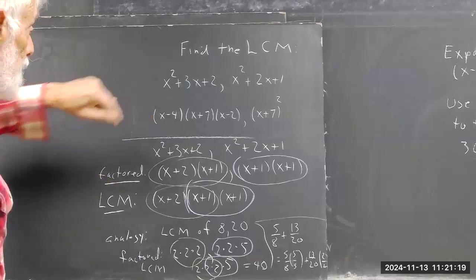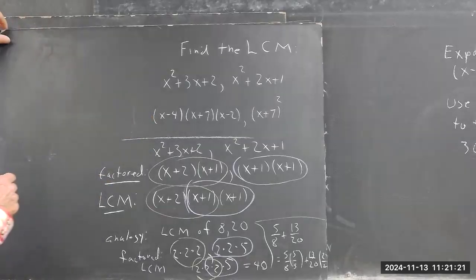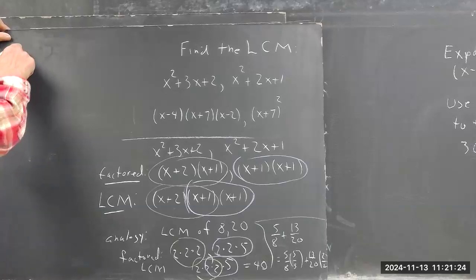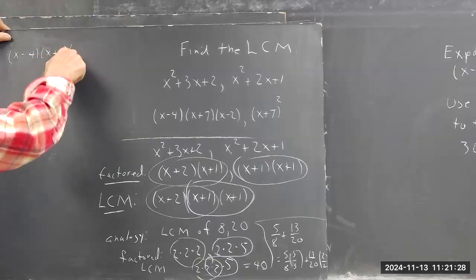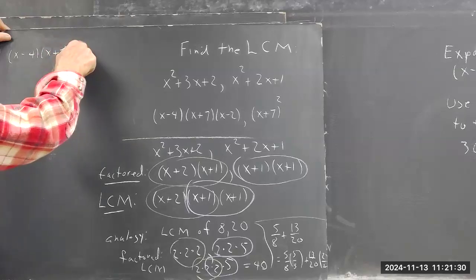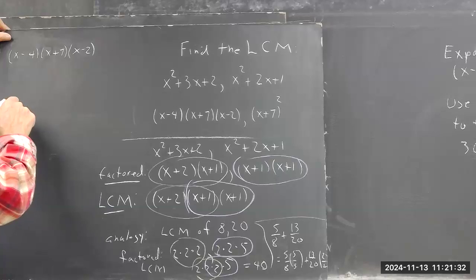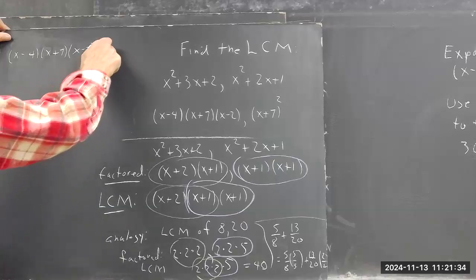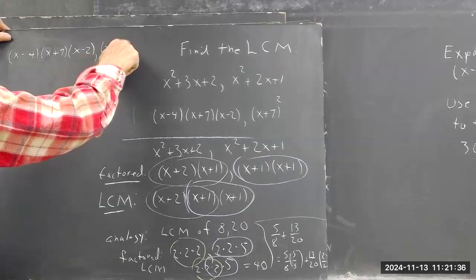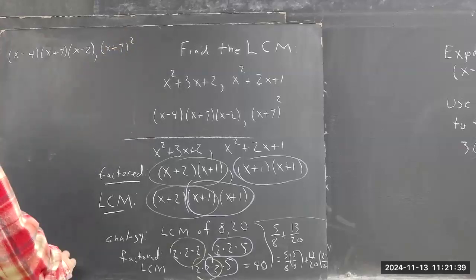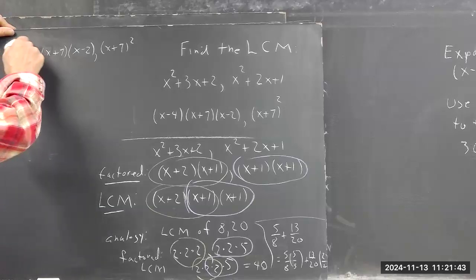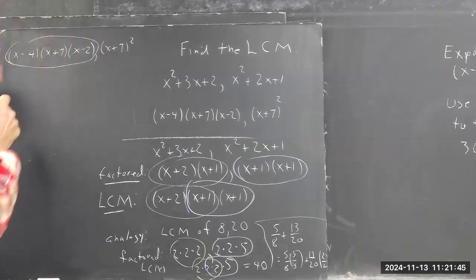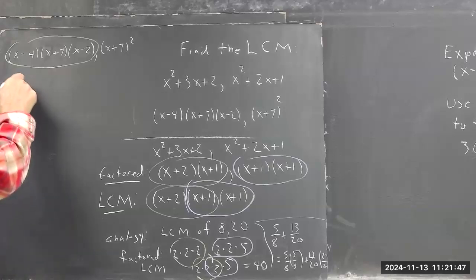All right. Now, here, it's very similar. You've got x minus 4 times x plus 7 times x minus 2 and x plus 7 quadratic squared. Well, we start with either one of these. So we're going to write this one down.